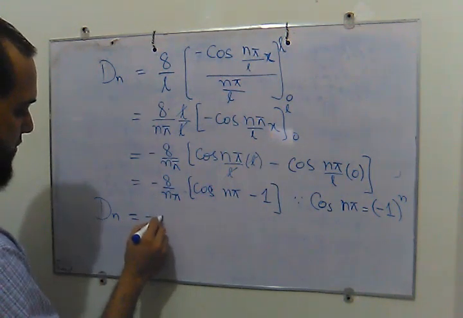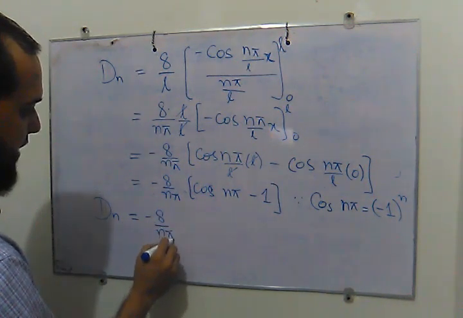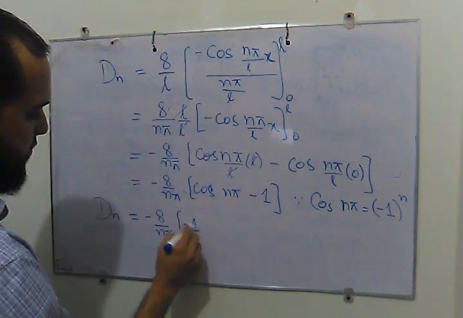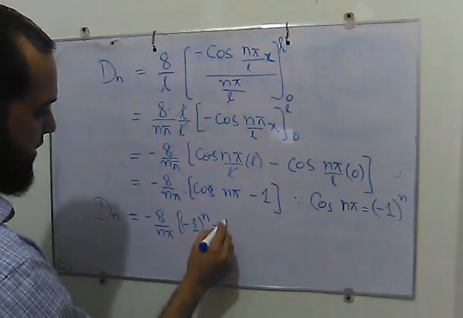So dn will take the form minus 8 upon n pi, minus 1 to the power n minus 1.